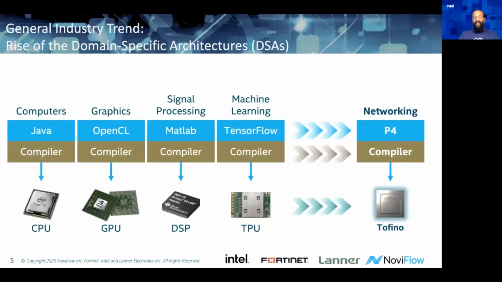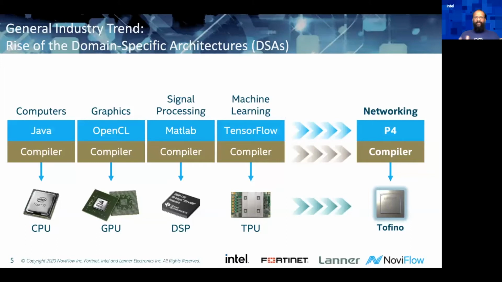Before I do that, I just want to talk about this general industry trend towards domain-specific architectures. As you can see, in the compute industry, graphics industry, signal processing, or machine learning, there's this convergence towards a domain-specific architecture. Now, what do we mean by a domain-specific architecture?